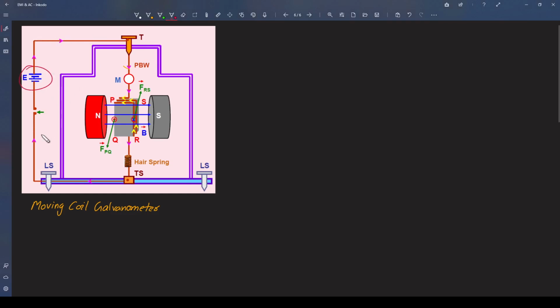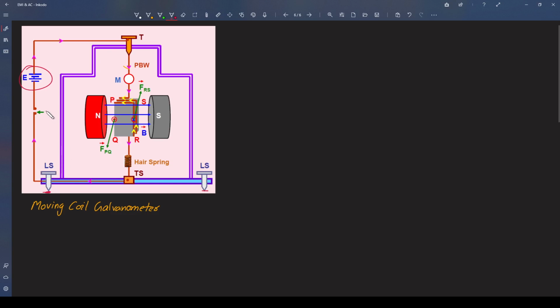E is nothing but the EMF of the cell, right? And these are the leveling screws. You are seeing the side view of this galvanometer, right? The screw through which it is leveled is the leveling screw.